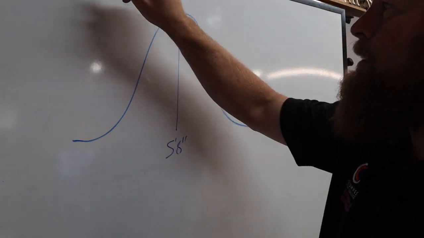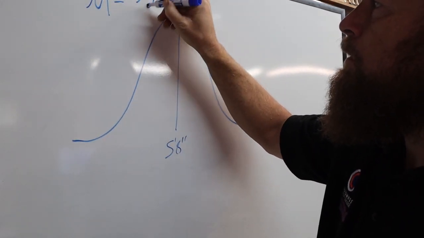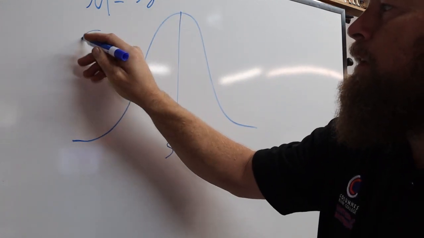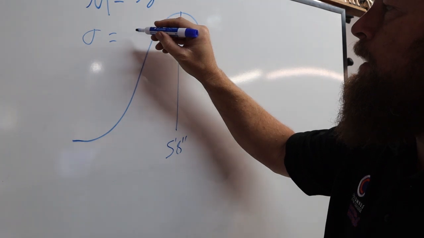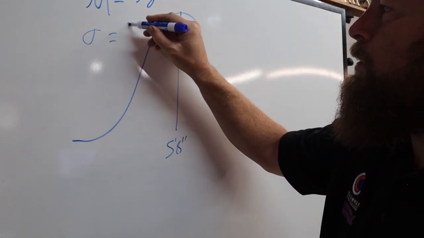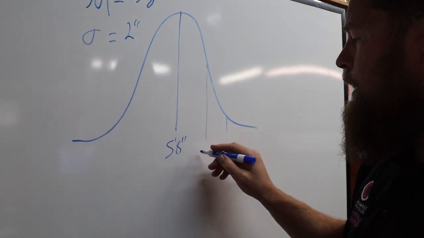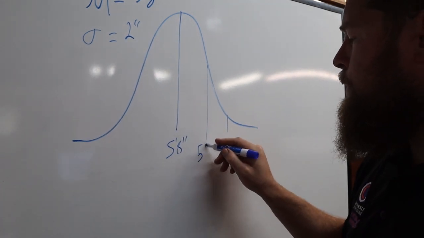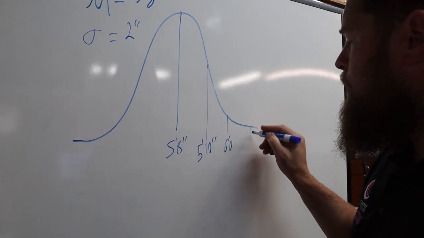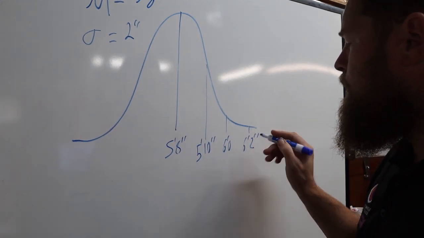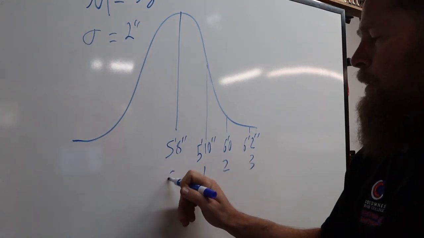And let's say that's the mu for the population, 5'8". The sigma, or standard deviation, for the population, let's say, is 2 inches. So if you needed to be as tall as your friend was smart, you just have to be 6'2". Then you would be 3 standard deviations above the mean.